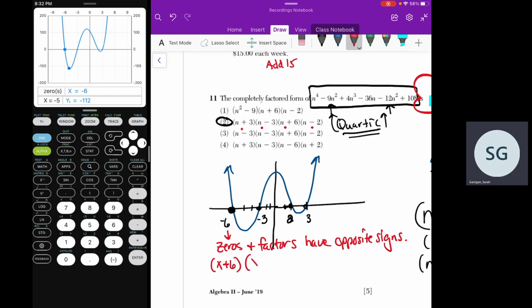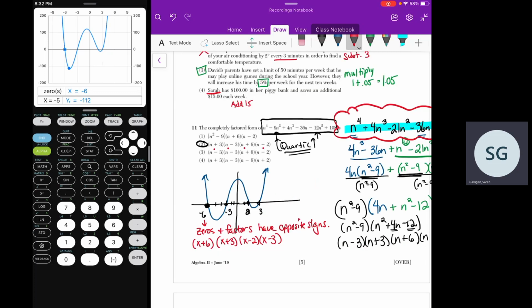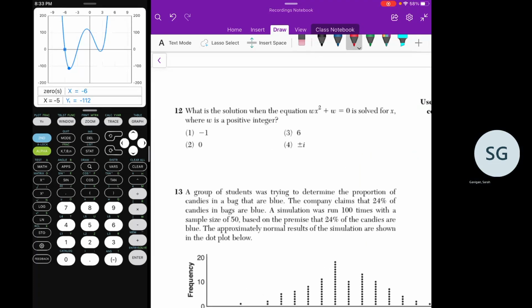And if my zero is -3, then my factor is x plus 3. If my zero is 2, my factor is x minus 2, and same thing with this. So I think graphing it in this case was much easier than doing all of that factoring, all of the algebra. All right, one more question on this section of the video.